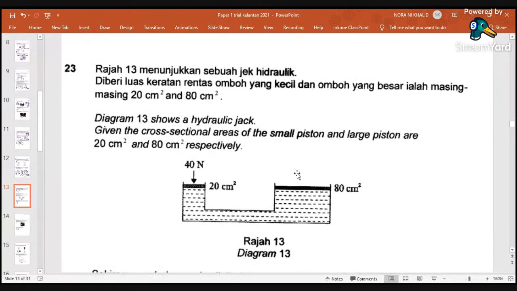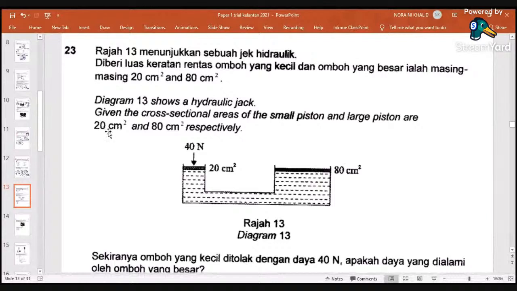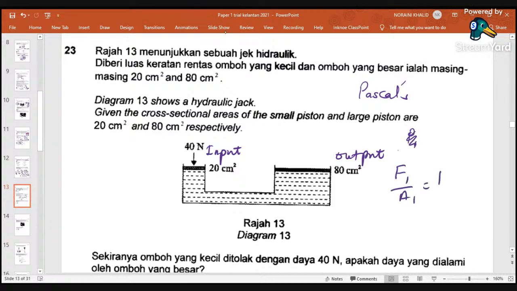Number 23. Given the cross-sectional areas of the small piston and large piston are 20 and 80 respectively. So this is input, this is output. This is Pascal's principle. According to Pascal, F1 over A1 equals F2 over A2.